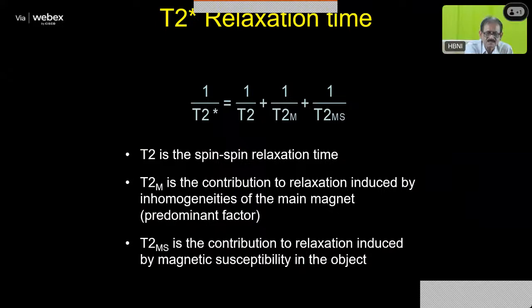Most of the images, yes. But if you want to look at different disease conditions, like diffusion, if you want to look at a stroke, brain stroke, T1 and T2 images will be normal till several hours.